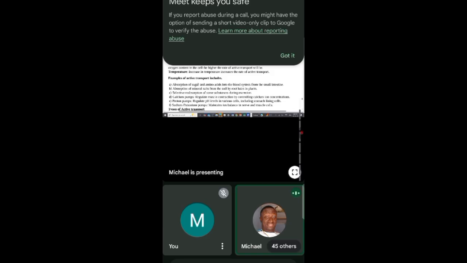Also, absorption of mineral salt from the soil by root hairs in plants. The reason is, if we are absorbing mineral salt from the soil, someone will say there are many mineral salts in the soil, but we are looking at concentration. So when we absorb mineral salt from the soil by root hairs, that will also require active transport, because the minerals will be diluted in the soil, but they will be more concentrated in the cell due to its smaller volume.